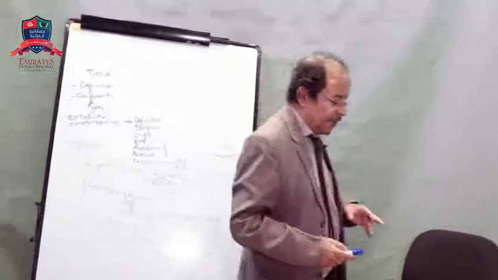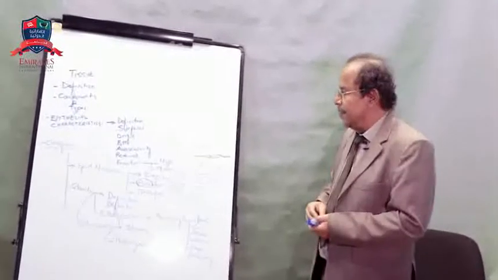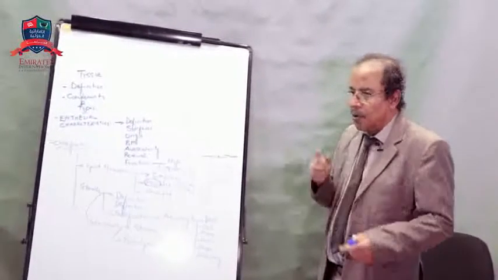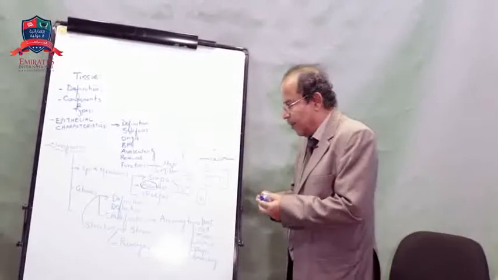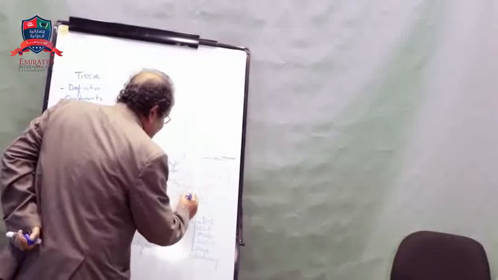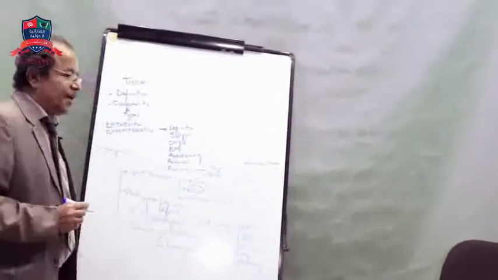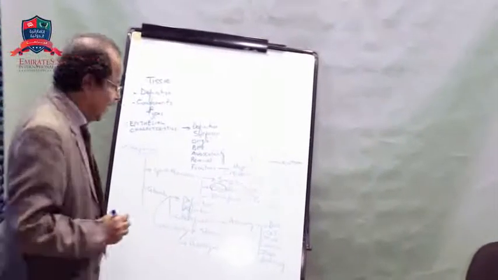What do you mean by stratified epithelium? Stratified epithelium is the epithelium which is made up of more than one layer. The first type is stratified squamous. And these stratified squamous are two types, keratinized and non-keratinized.